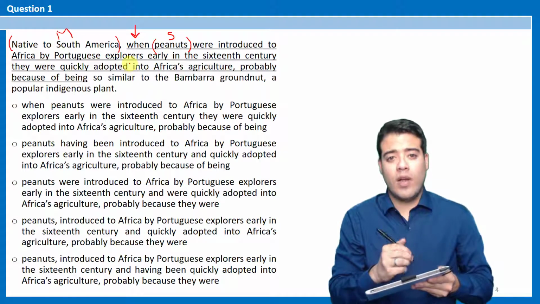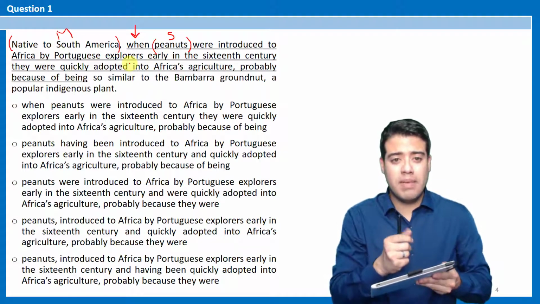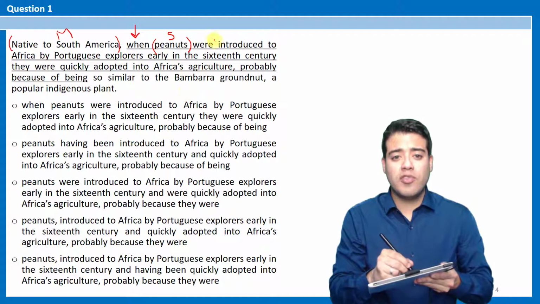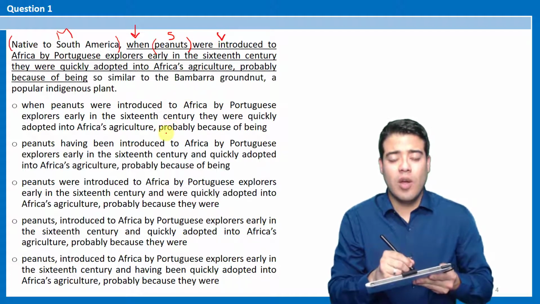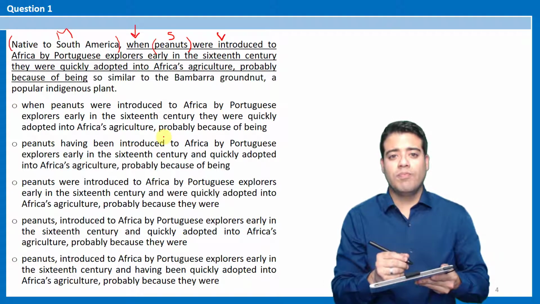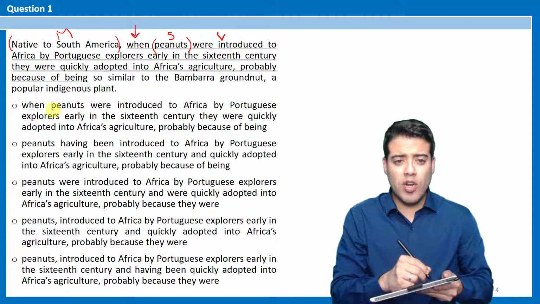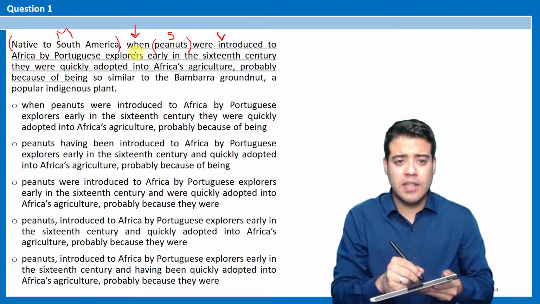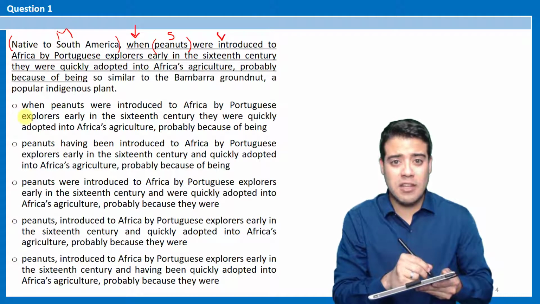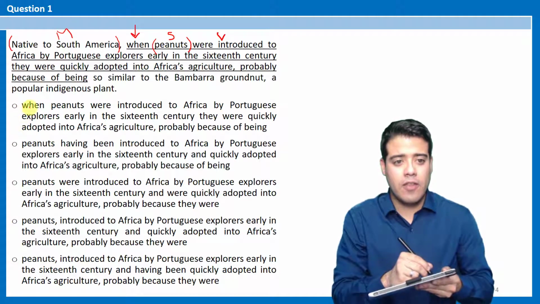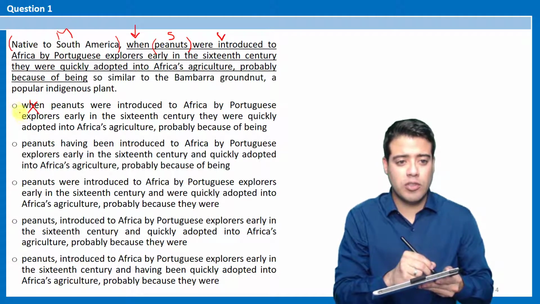In other words, one thing is to say peanuts were introduced, that's the verb, and a completely different thing is to say when peanuts were introduced. The word when in front subordinates the subject peanuts. Therefore, you do not have a complete sentence, you have a fragment. You can eliminate the first choice.